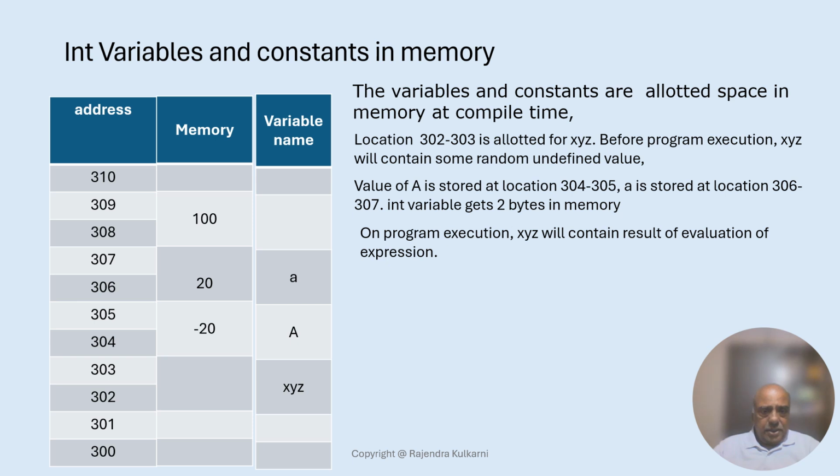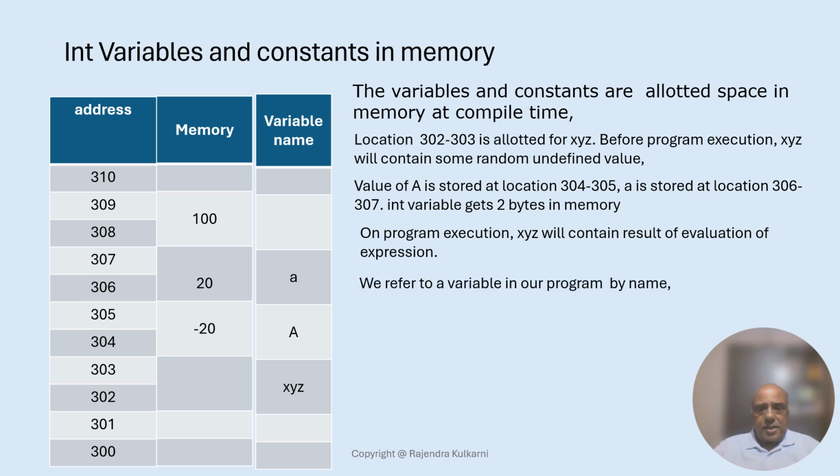So every int variable gets 2 bytes in memory and its value is stored in the memory. 306 is the address in which variable A's value is stored.